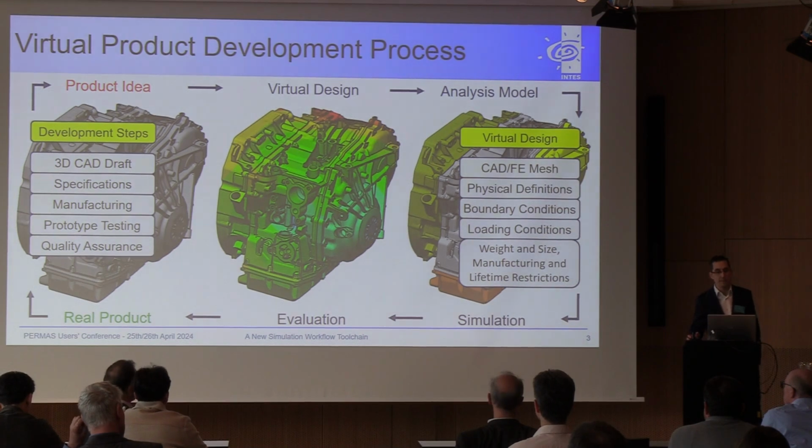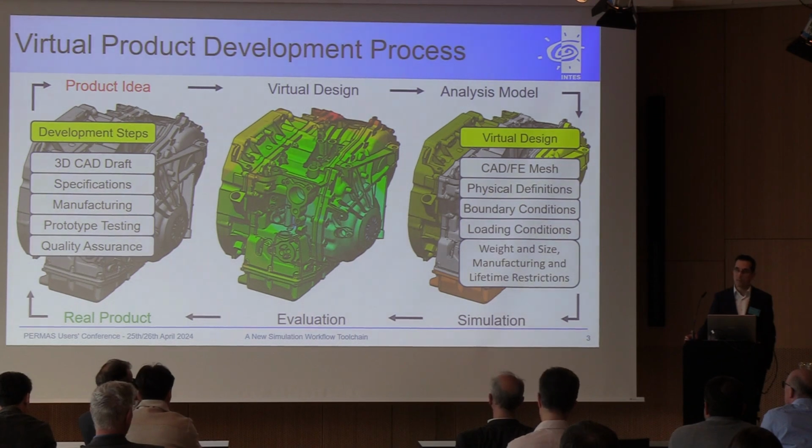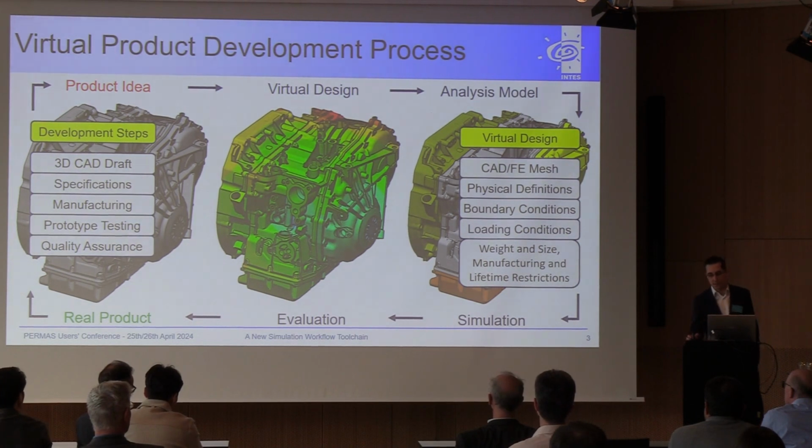In the virtual design, on the right-hand side, you can see that for the virtual twin, we have to handle some critical points in the CAD to FE meshing. We have, of course, the physics included in the model, with a huge part including boundary and loading conditions, and also some other limitations.